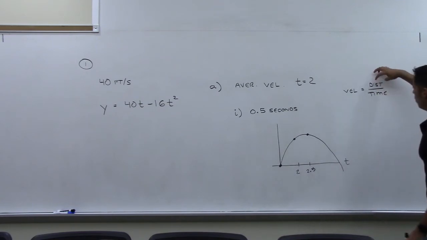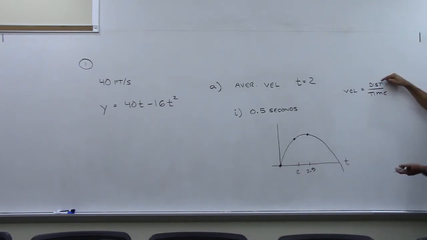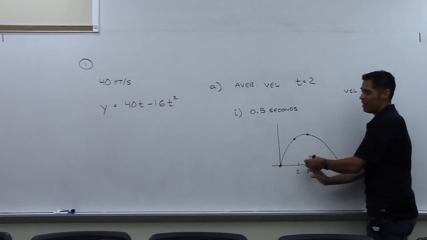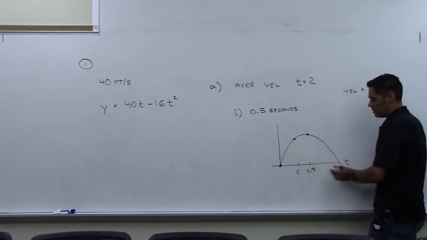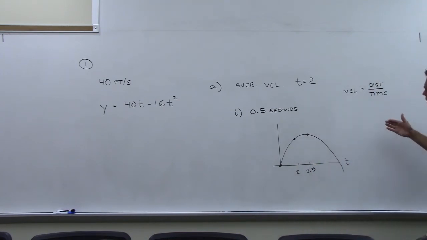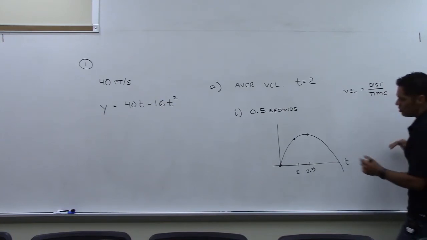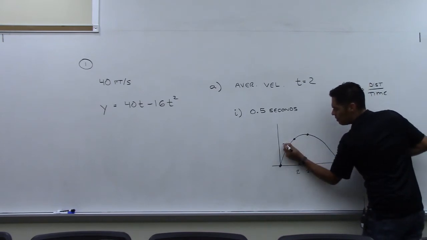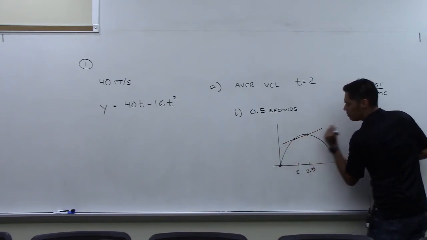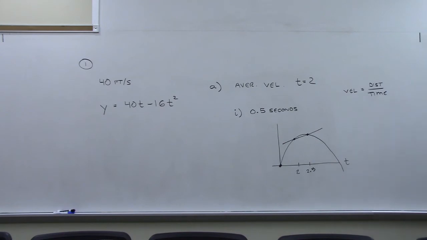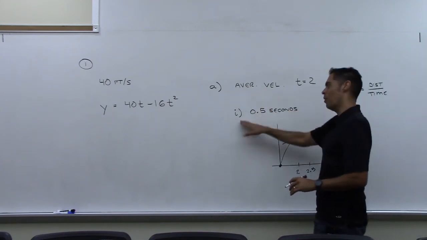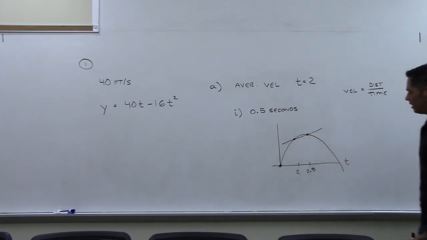These are our y coordinates on top. Our distances are y coordinates divided by time, which are kind of like our x coordinates. We're calling it t. Then this is really just the difference in y's over the difference in the t's, which you should connect back to college algebra, is really just the slope of that secant line. So what we're asked for here in part A, part 1, is for the slope of that secant line.